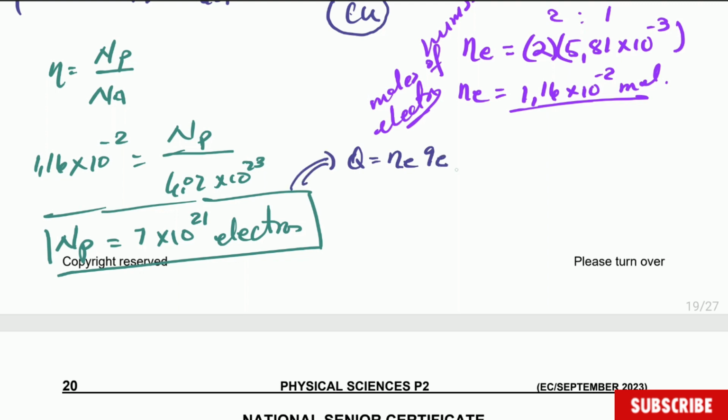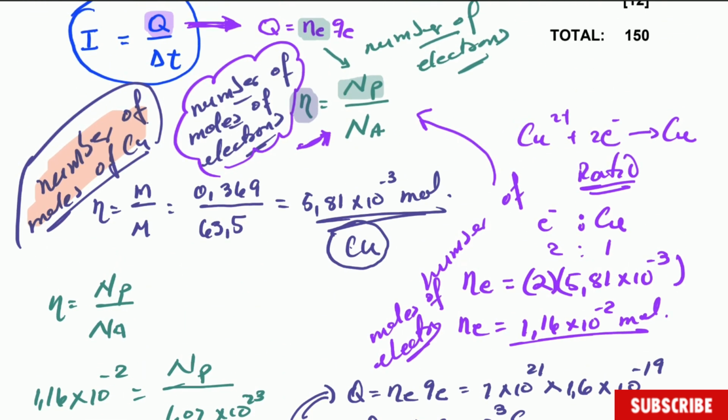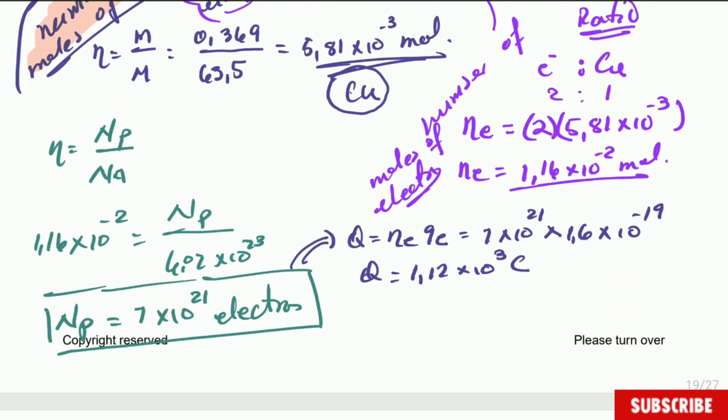When we substitute here, we have 7 times 10 to the 21 multiplied by the charge of 1 electron, which is 1,6 times 10 to the minus 19. So you get that the charge is equal to 1,12 times 10 to the 3 coulombs.